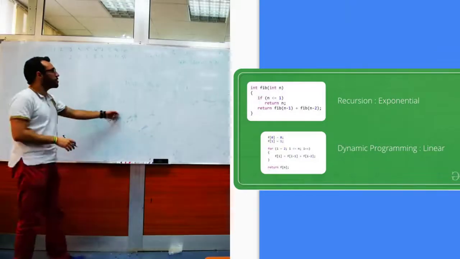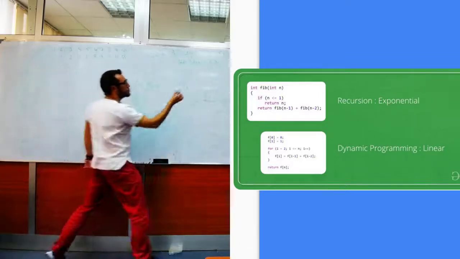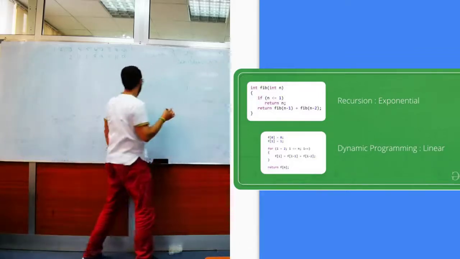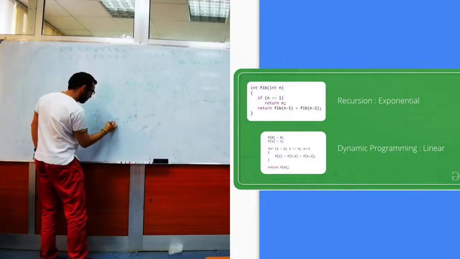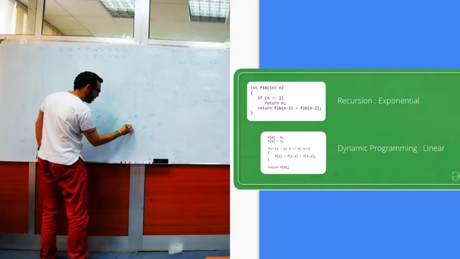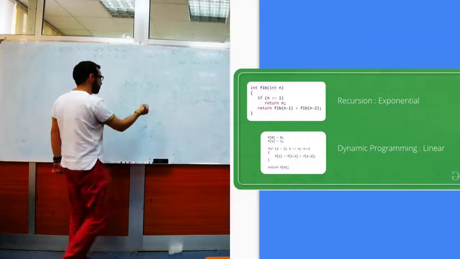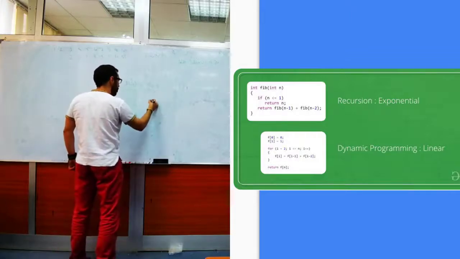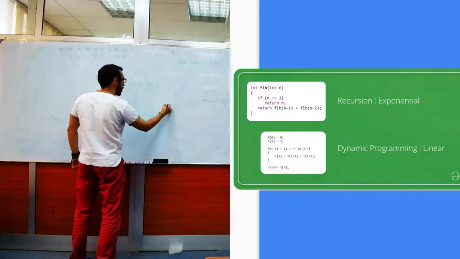And again I have Fib 3 called here, which is still greater than or equal to 3. Therefore, this is going to call Fib 2 and Fib 1. And these are trivial, so they are going to be our leaf nodes. And here for Fib 3, we need to have this branching as well.